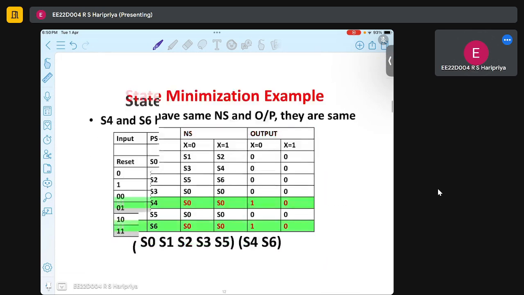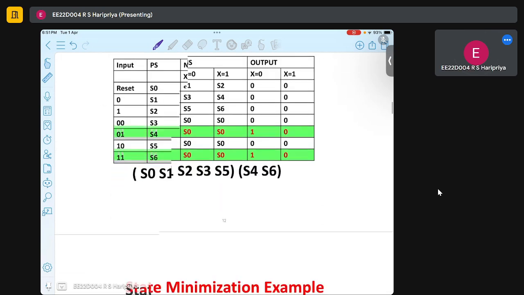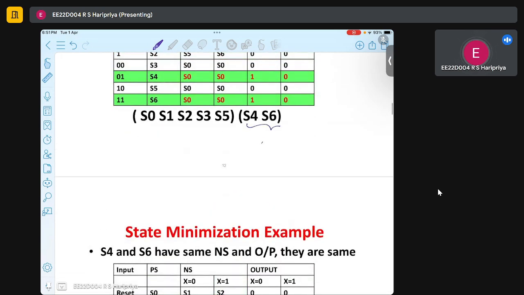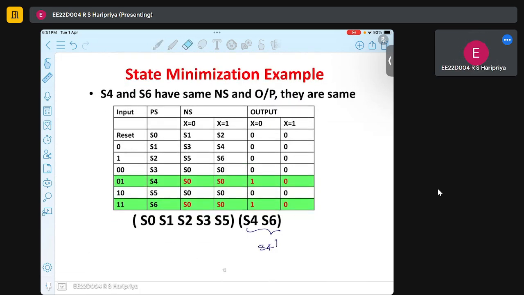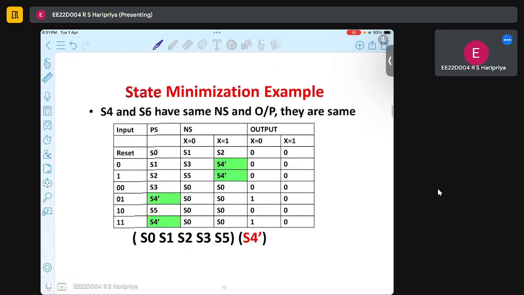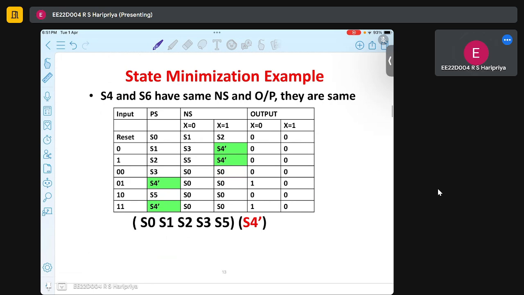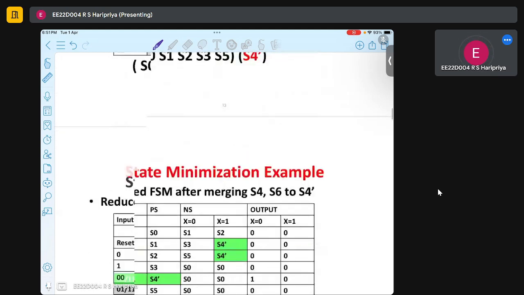Next, these two states can be merged, and we can merge them to S4 dash. So we have replaced both S4 and S6 with S4 dash.